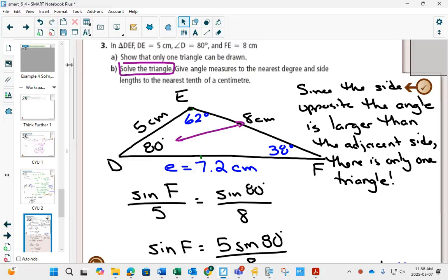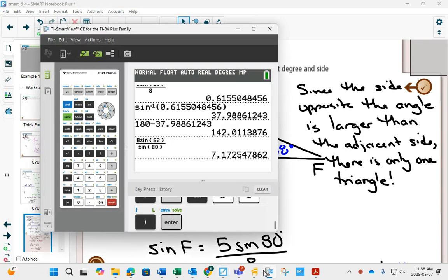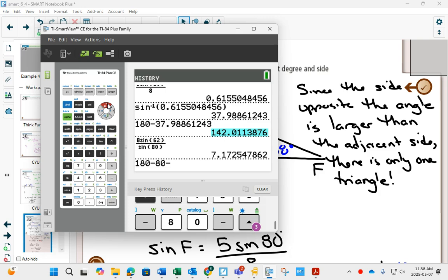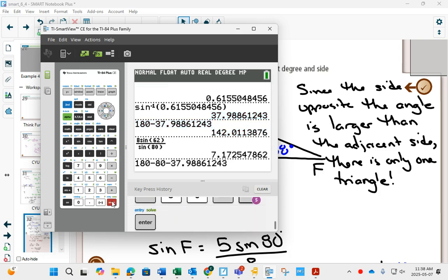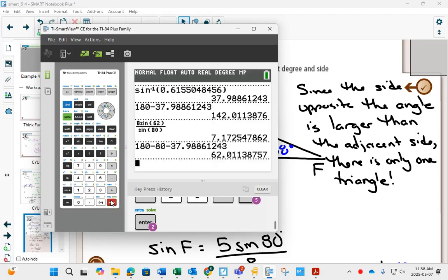So when I type this into my calculator with 62, my answer here might be a little bit off. What should it be exactly? Well, if I did 180 minus 80 minus, and I didn't round anything early, and I used all of those decimal places, then my angle would have been 62.001.